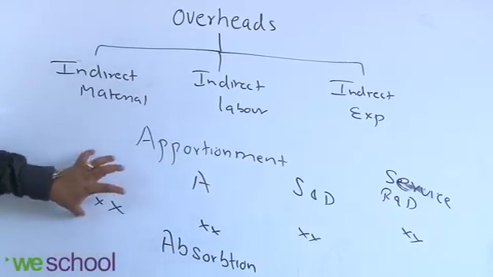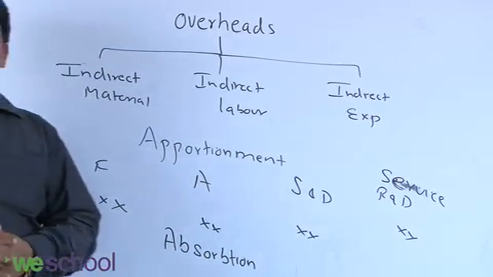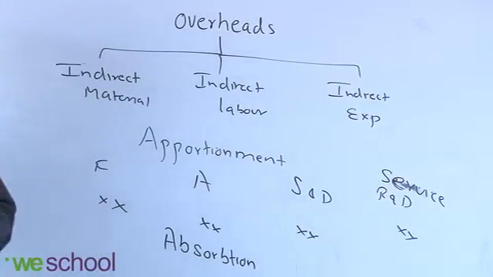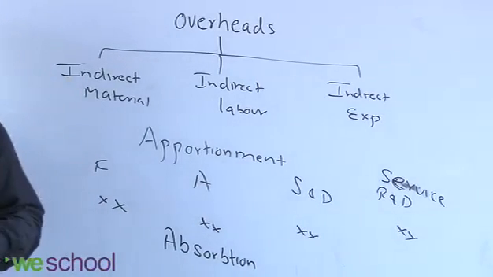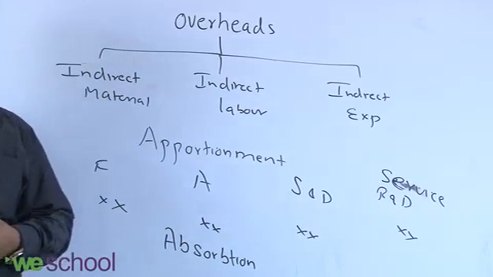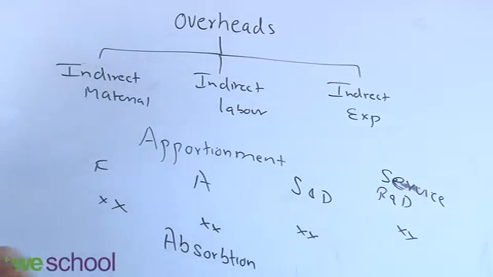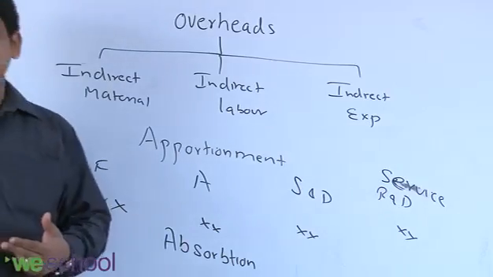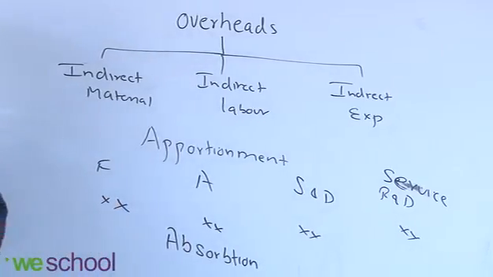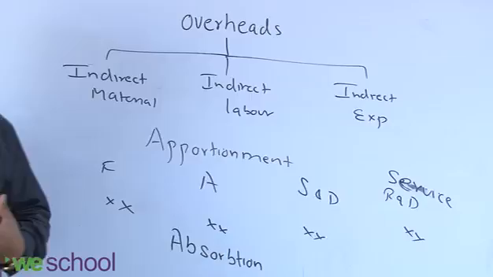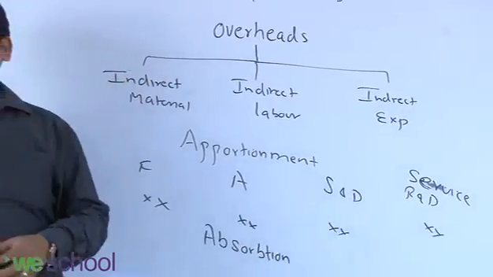First we'll talk about factory expenses. How can factory expense be allocated? Factory expenses can be absorbed to various products on the basis of production units. This is the first method: I can distribute factory overheads on the basis of production units. Now this is possible if all the units are in the same measure.